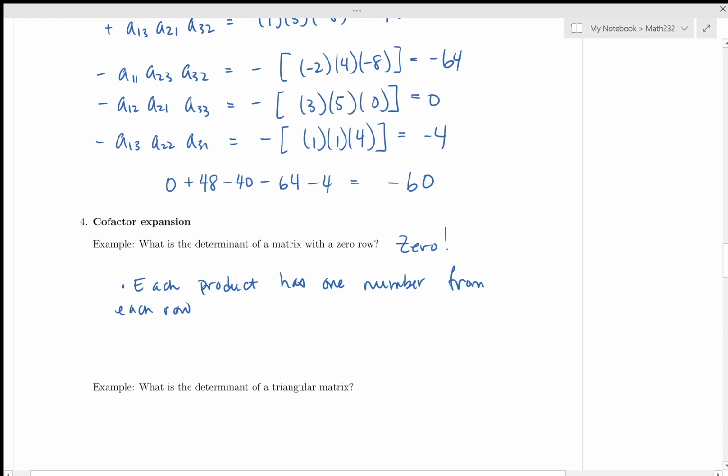So since each product has a 0 in it, the whole thing is 0. All the products are 0, and the sum of a bunch of zeros is 0. So if you see a 0 row, or for that matter a 0 column, you can just immediately write down the result. You don't have to do anything.